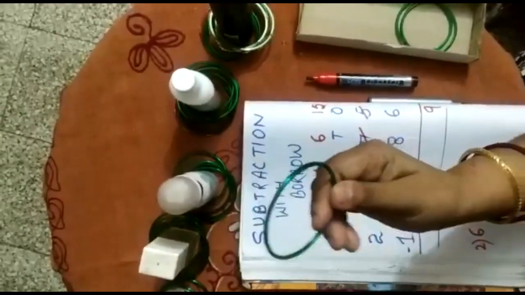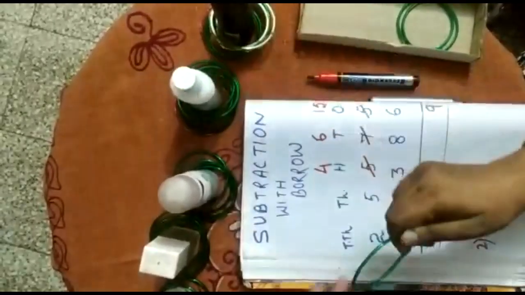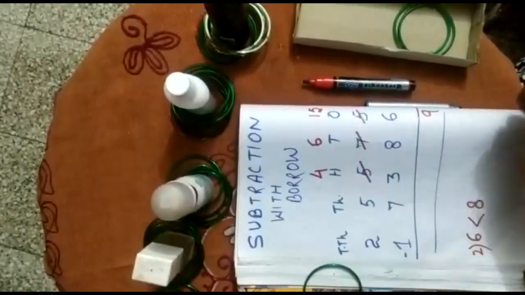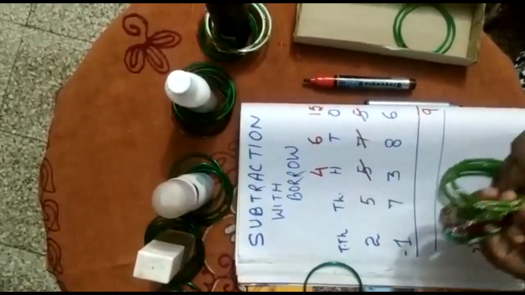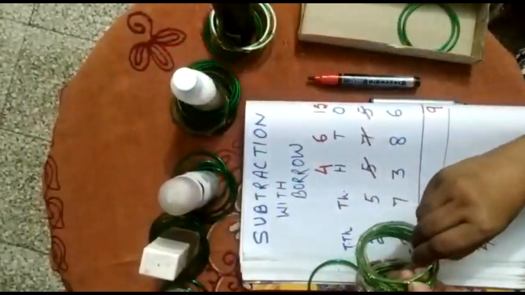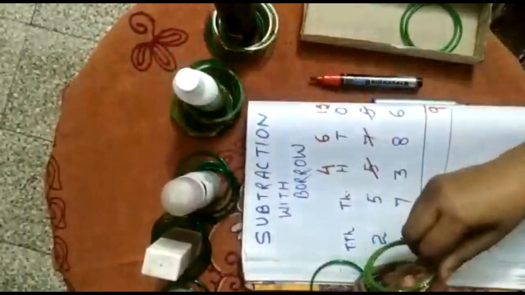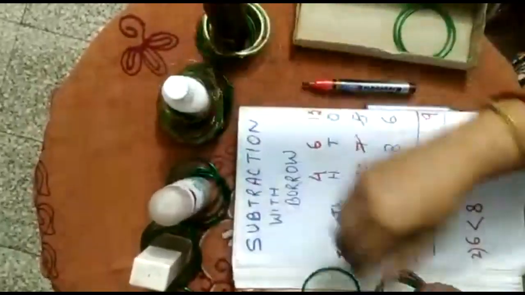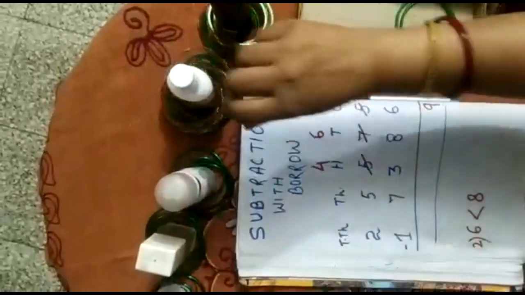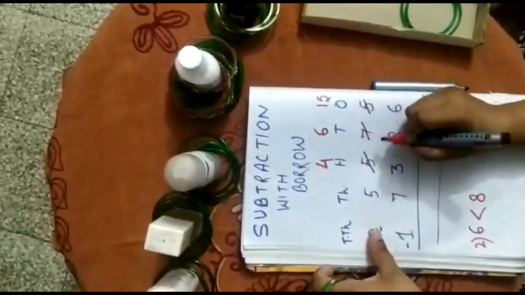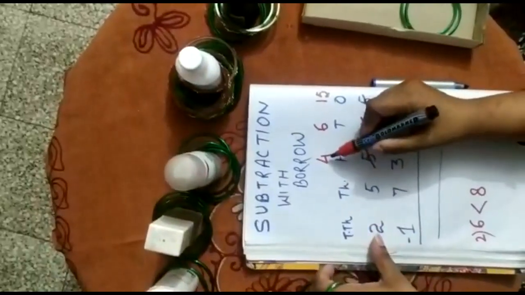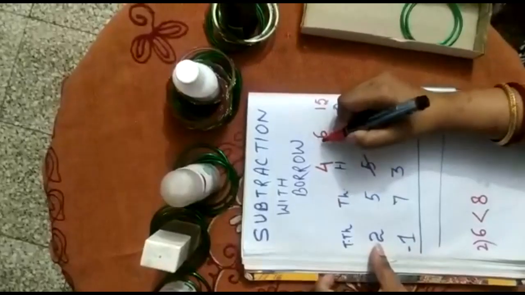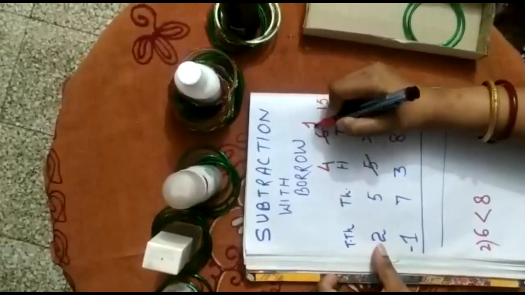This is the tens column, so it will convert into 10 tens. 1, 2, 3, 4, 5, 6, 7, 8, 9, 10. Now what will it become? It will become 16.